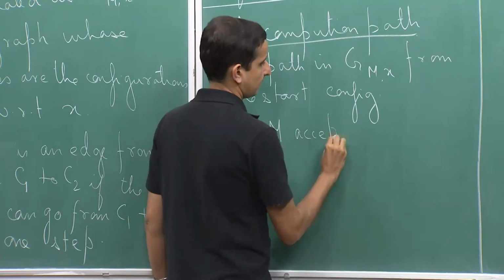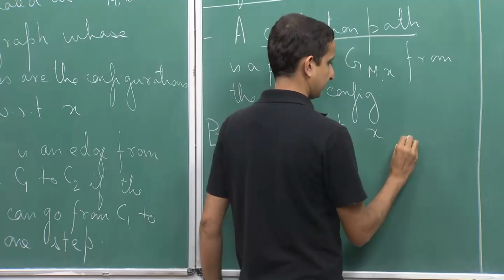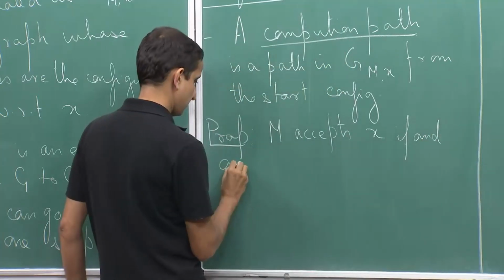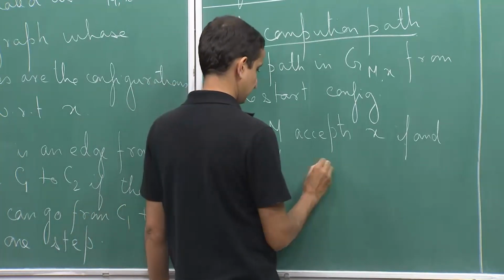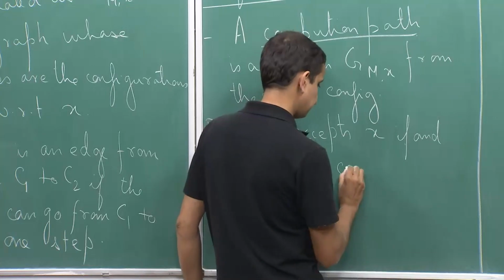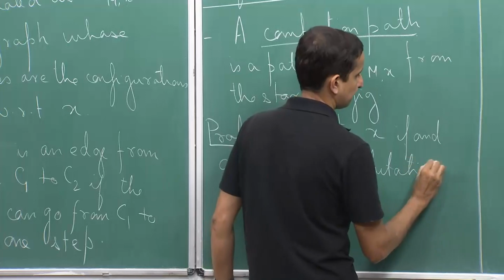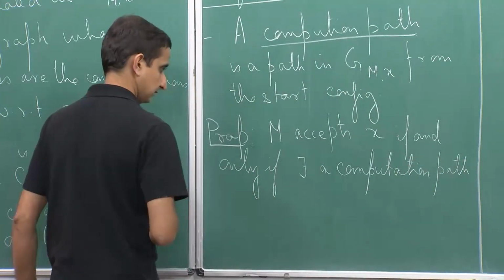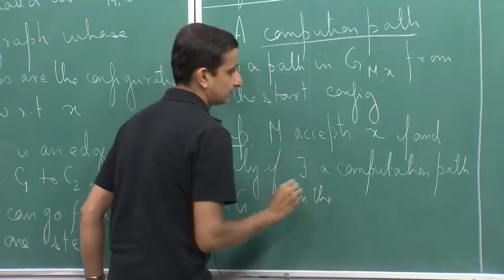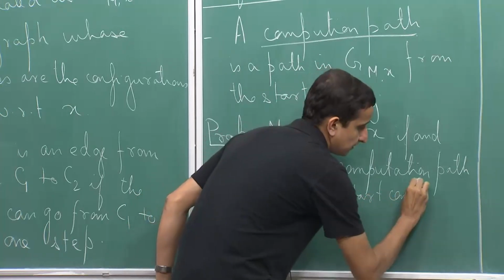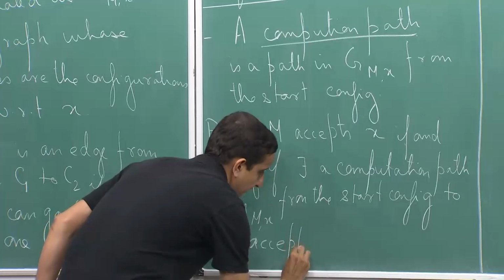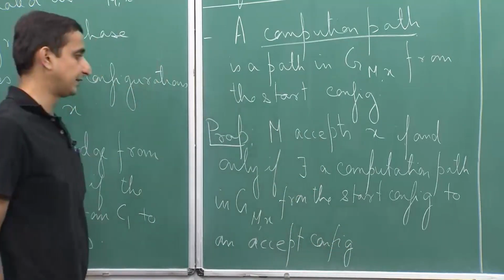M accepts x if and only if there exists a computation path in G_{M,x} from the start configuration to an accepting configuration.